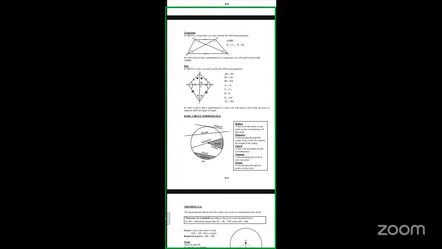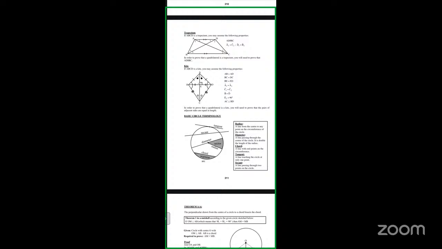You need to know the terminology of what the radius is, what the diameter is, what the chord is, what the circumference is, what the center of a circle is. So in this diagram that I'm having right on the screen here, I'm having the circle with some parts of the circle, and on the box just right next to the circle, I'm having some few definitions of some parts of the circle.